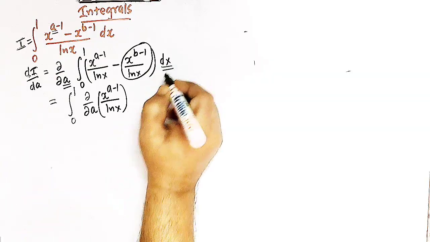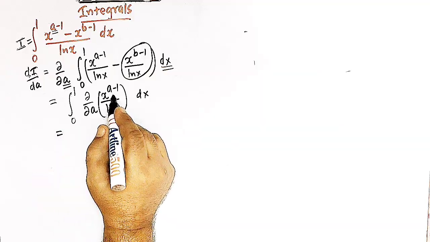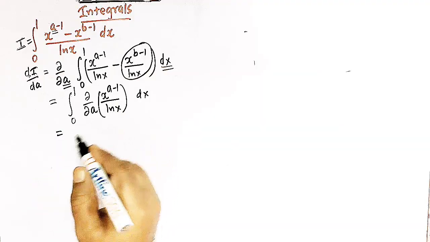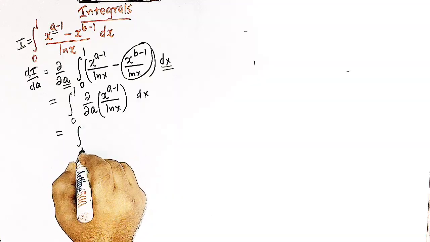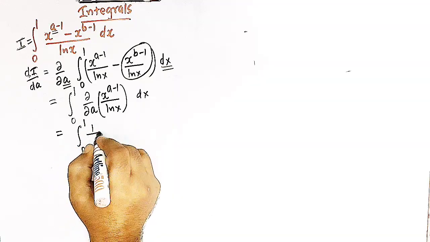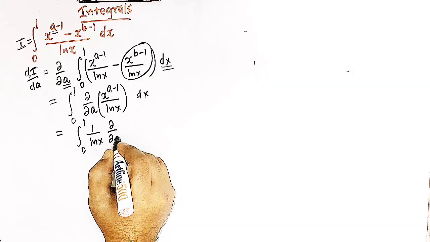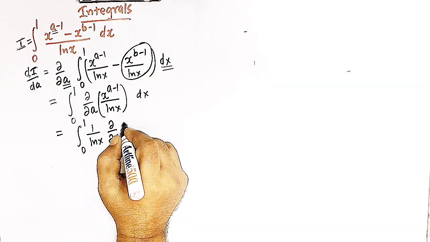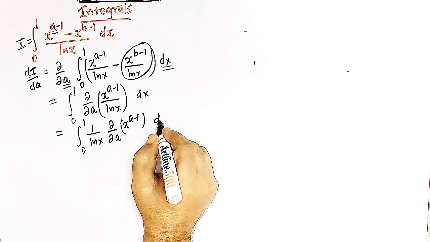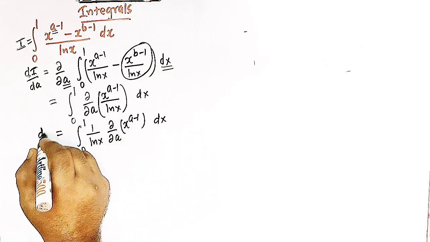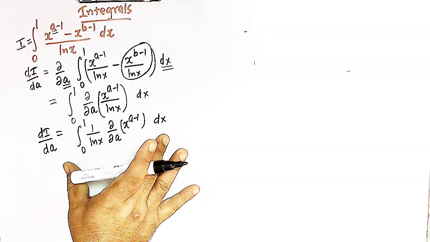And here we have dx, right? So now here 1 over natural log of x may be considered as a constant. So we can now write 0 to 1, 1 over natural log of x, and we have del over del a of x raised to a minus 1, and here we have dx. So now we have dI over da as this term.